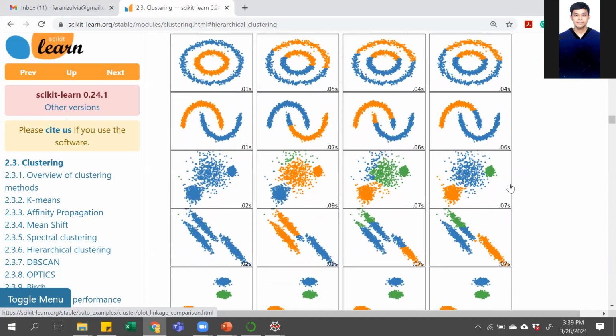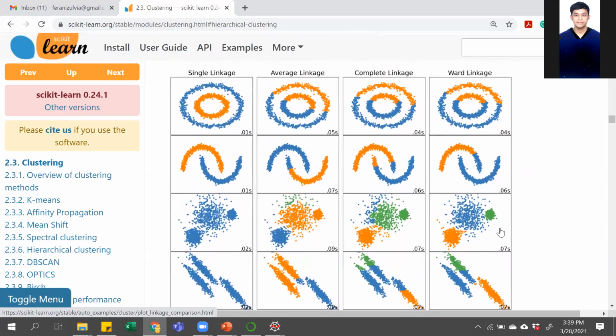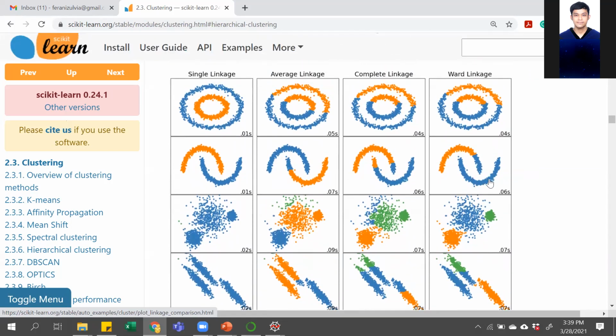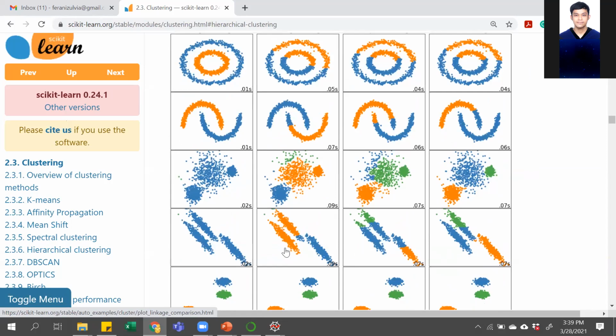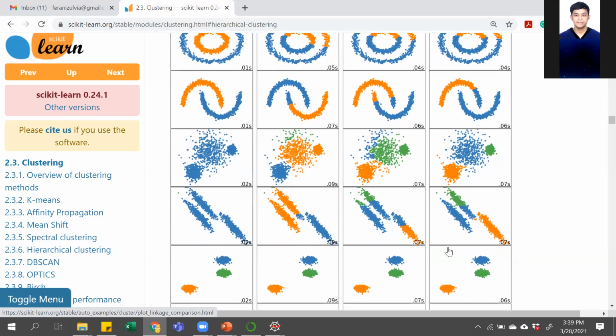So maybe the best one is Ward linkage. And for the fourth data set, I guess all of them perform not quite well. Maybe the better one is again Ward linkage.